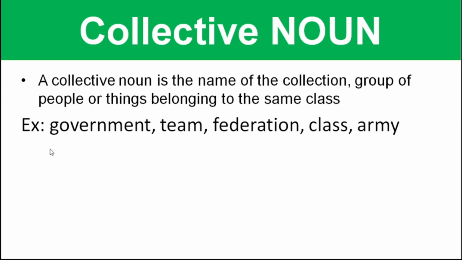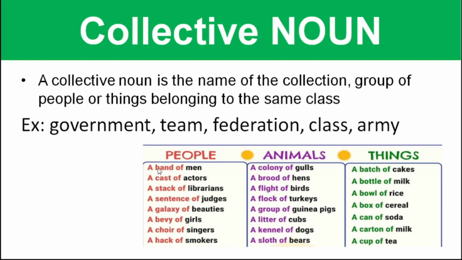Here you can't find a single one. It is formed or made of the group or the collection, right? Now for more understanding we will have some more examples. How do we use collective nouns for people?